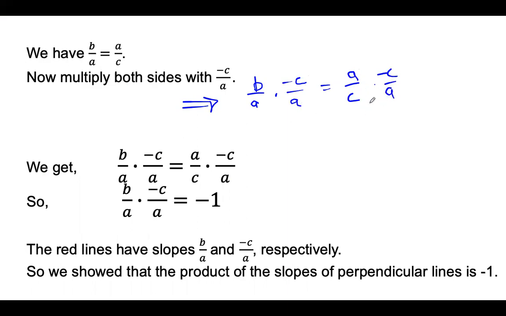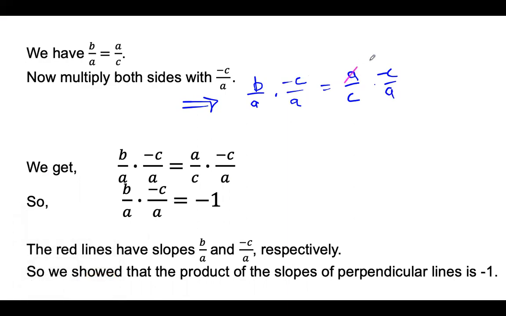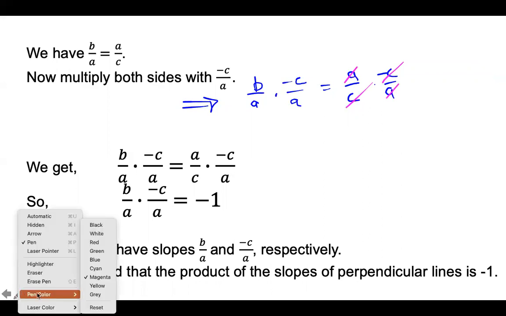Okay, something happens here. Ooh, what happens? The A's cancel. And the C's cancel. And you're left with -1.